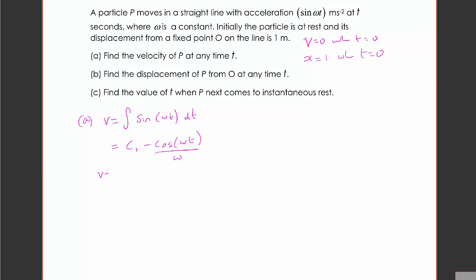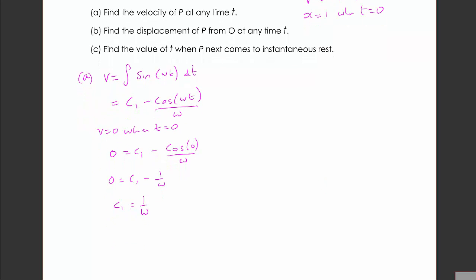So v equals 0 when t equals 0. So 0 equals c1, take away cos of 0 over ω, but cos of 0 is of course 1. So c1 take away 1 over ω, which would make c1 equal to 1 over ω.